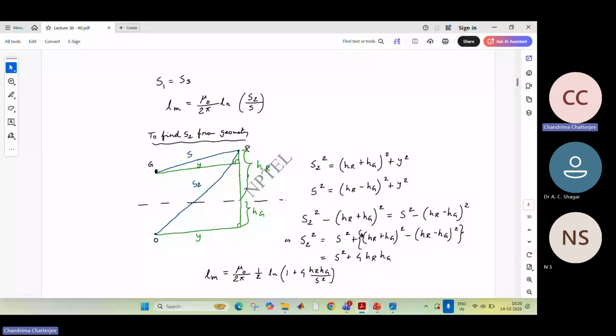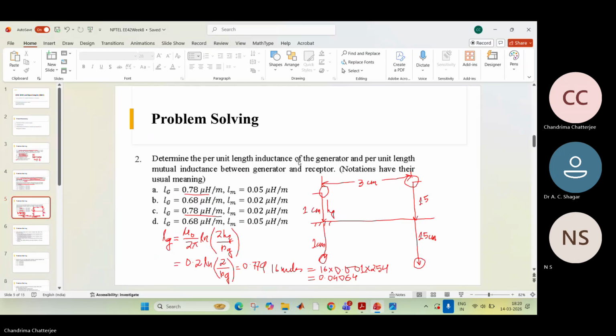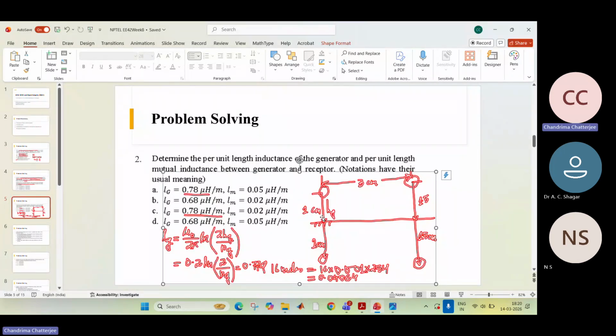What are the known values? The known values are the height from the ground plane. The height of the conductors from the ground plane are given, and the separation between the two conductors are given. So we can find them out in terms of these known parameters. Okay. So finally, this is the expression. Okay. So I will delete this.